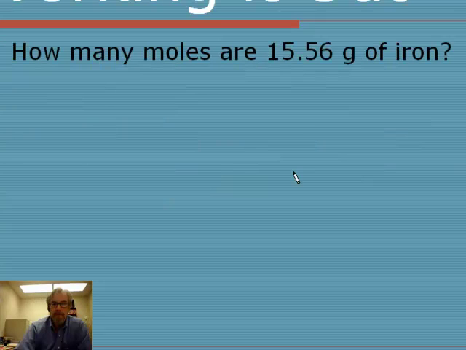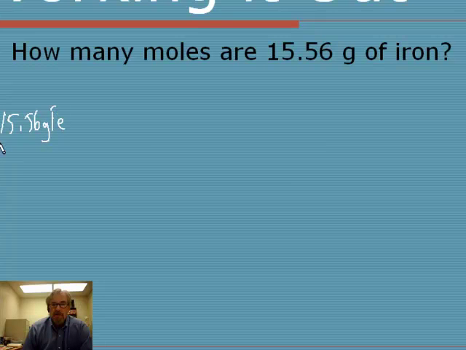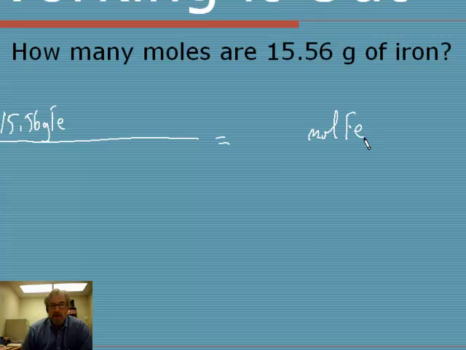Try this one. How many moles are 15.56 grams of iron? Start out by writing down what you're given. 15.56 grams of iron. Include the target over to the right. I want to know how many moles of iron this is. What do I want to do for units? I want grams to cancel, so I put that on the bottom.